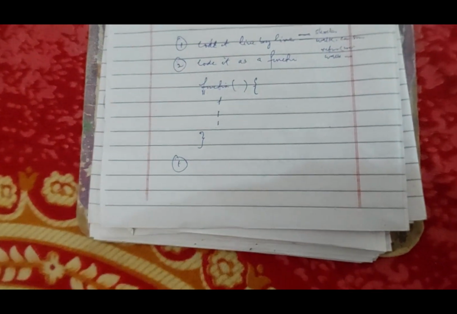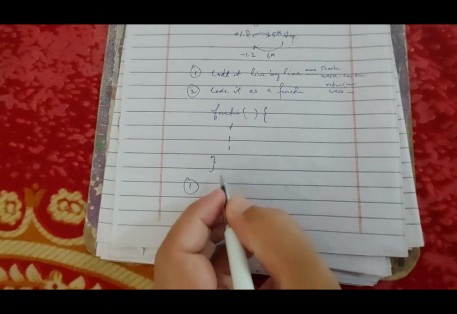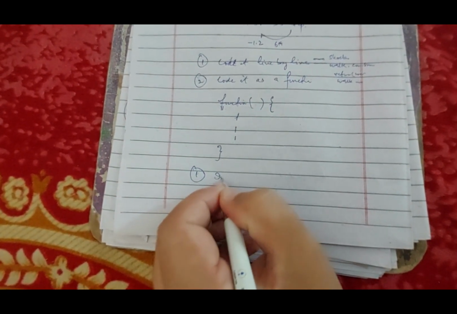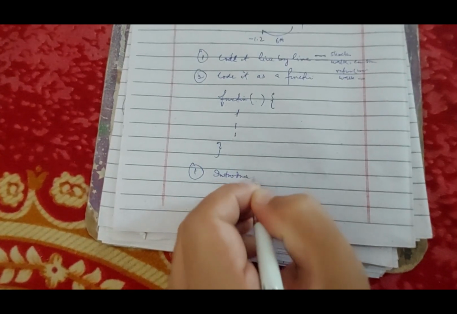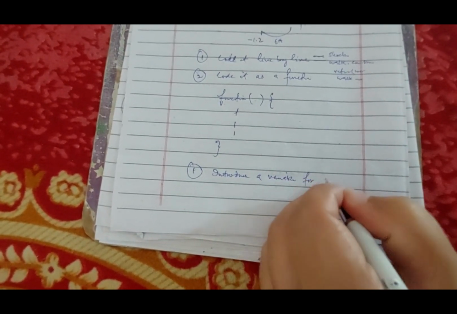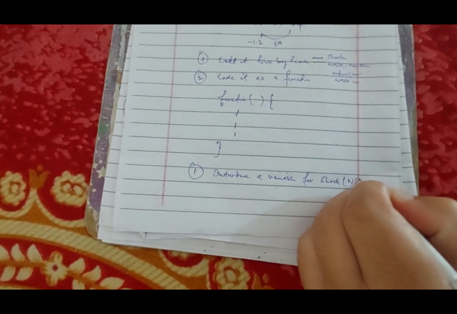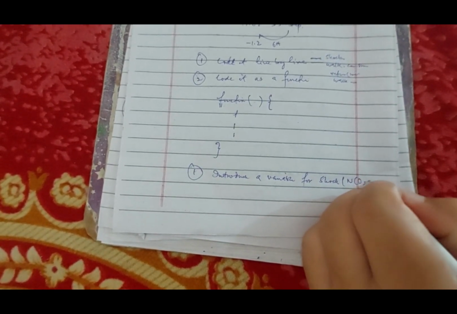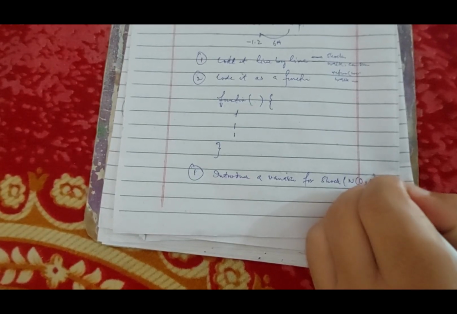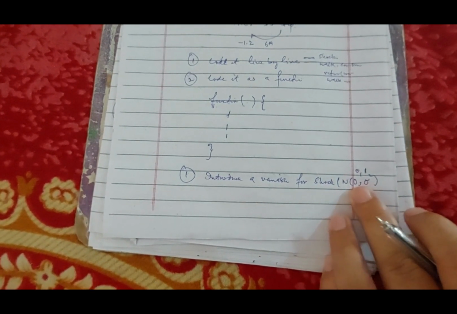The first thing that we need to do is introduce a variable for shock, and shock has zero mean and 1 as standard deviation.